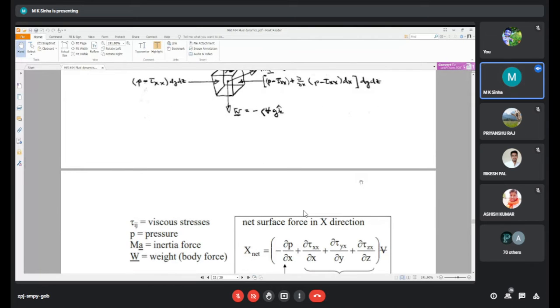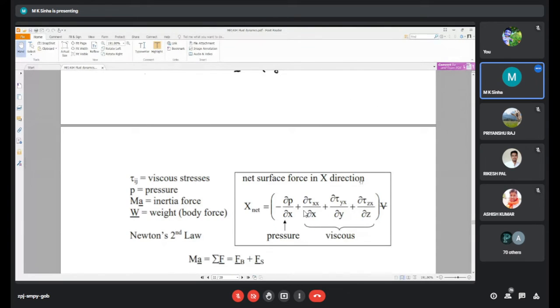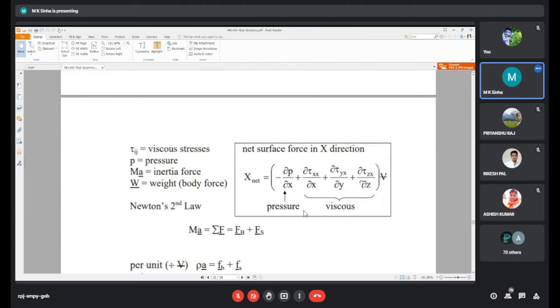So we have mass into acceleration, the inertia force, and the weight of the body. Mass into acceleration equals the summation of forces.